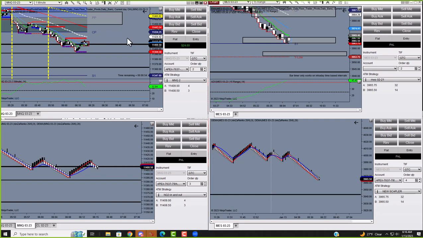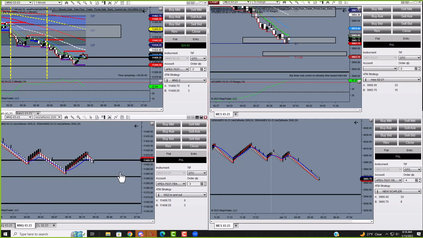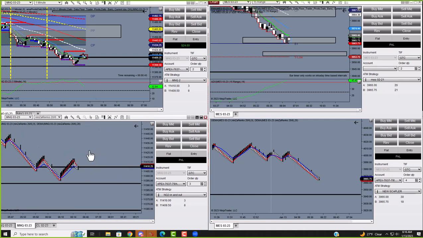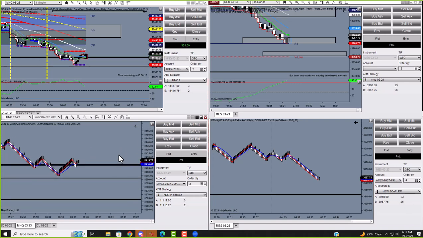I think we're going to push back up into this block. I'm going to take this trade down here.